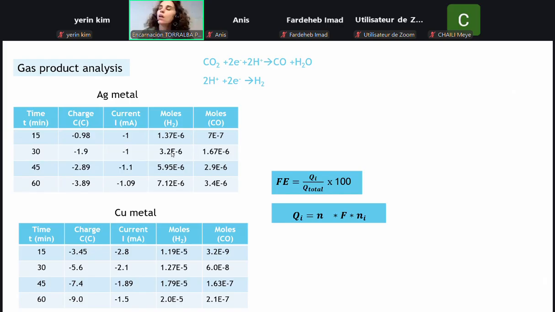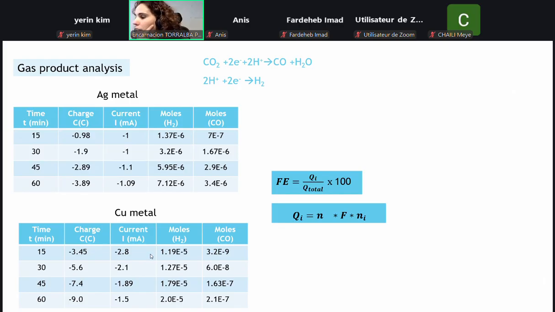Okay, so I do the same measurements for copper, and I'm going to compare at the same time. For copper, at 15 minutes, I pass 3.45 coulombs, so I pass much more charge, so much more product. And I was at a current of -2.8.